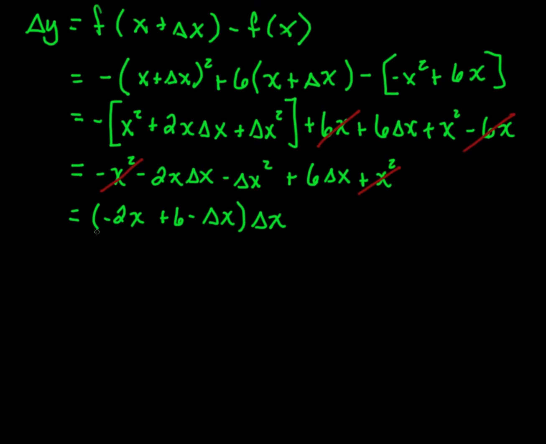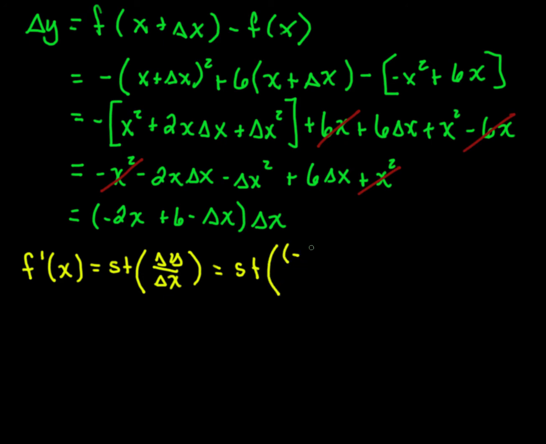So there's our delta y. So our f prime, our derivative, is the standard part of delta y over delta x, which is equal to the standard part of negative 2x plus 6 minus delta x times delta x divided by delta x.